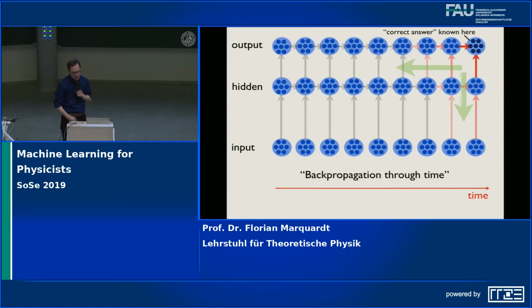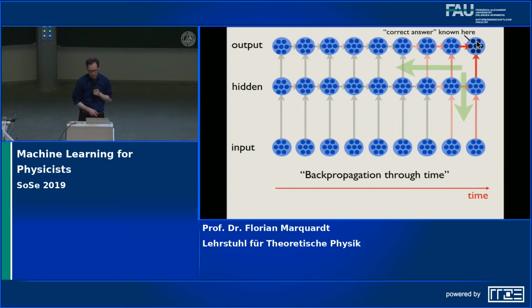And again, the principle is the same as usual: you will have the correct answer that you supply to the network together with the input, and then you want to make sure that it comes closer to this correct answer. So here I depicted a situation where inputs are given during all the time steps, but the output is only read out at the very final time.